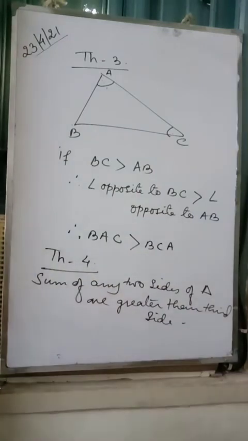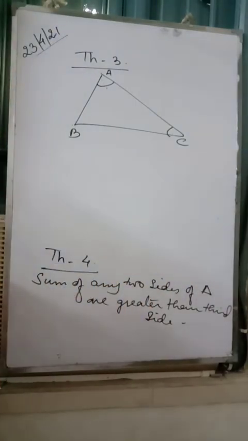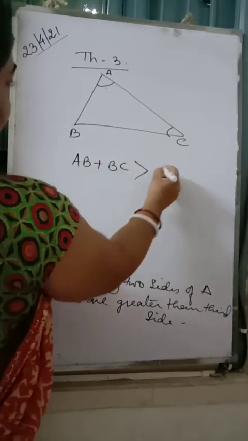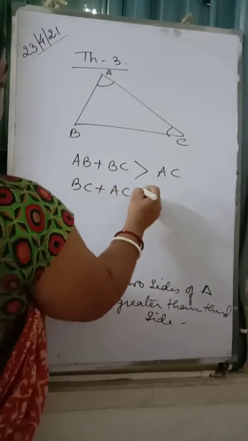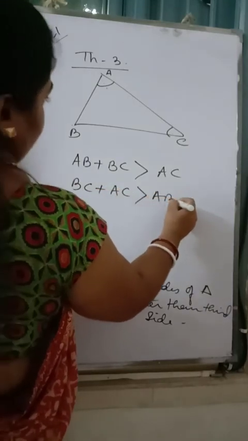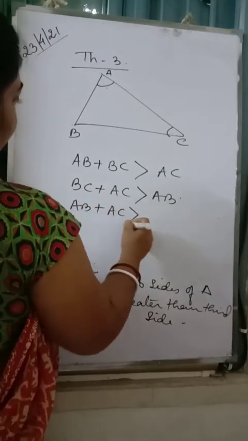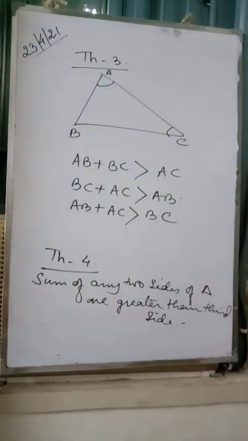In this example, if you take any triangle, in triangle ABC, AB plus BC would be greater than AC. Now BC plus AC would be greater than AB, and AB plus AC would be greater than BC. So we have three situations. If we add two sides, it would always be greater than the third side.